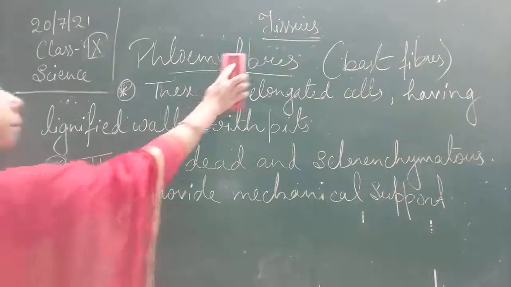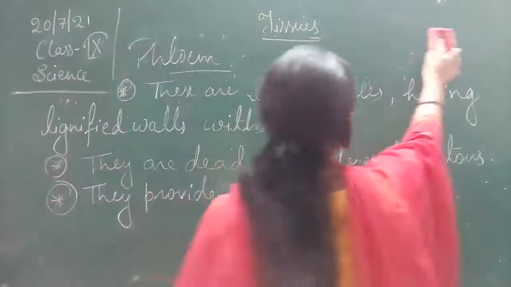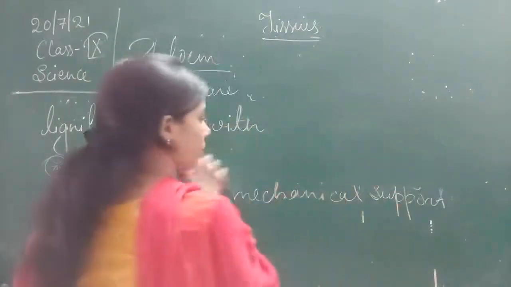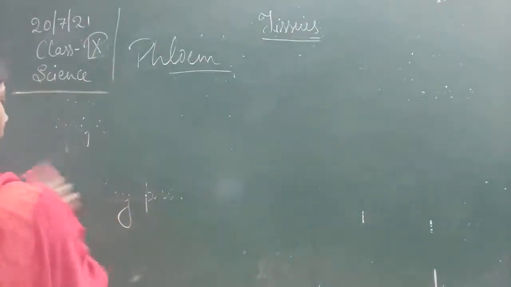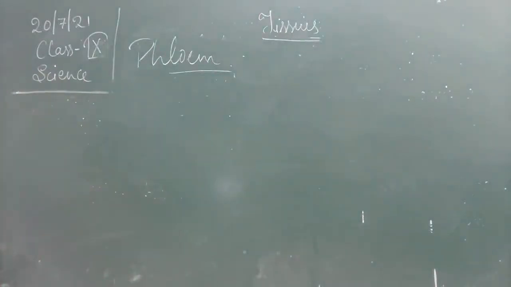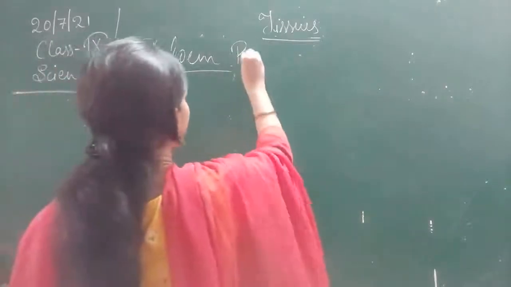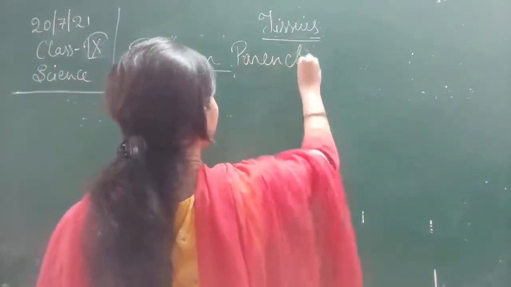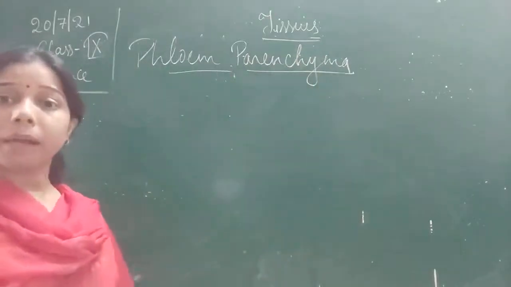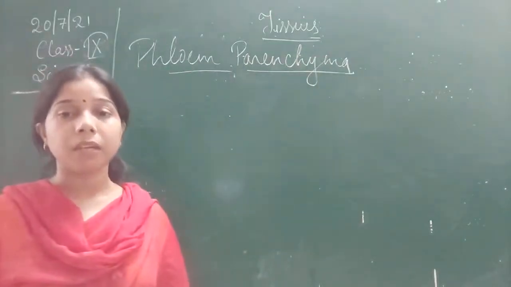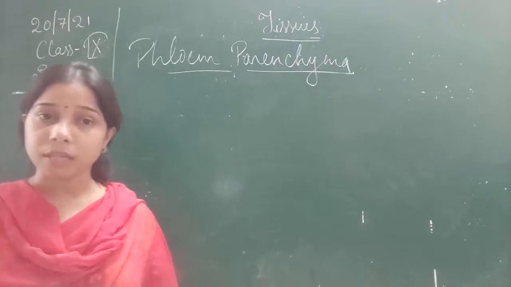Finally, phloem parenchyma. Parenchyma, so obviously it will be living, consisting of a cellulosic wall.